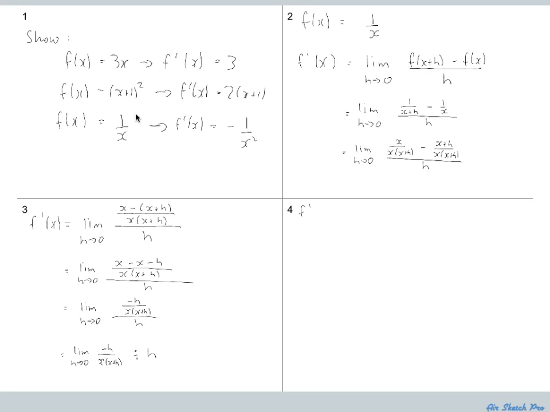F dash of x is equal to the limit as h approaches 0 of negative h on x times x plus h multiplied by 1 on h. And this is nice because I've got an h by itself here and an h by itself here. So I've eliminated the h and replaced them with a 1. And that gives me the limit as h approaches 0 of negative 1 over x times x plus h.